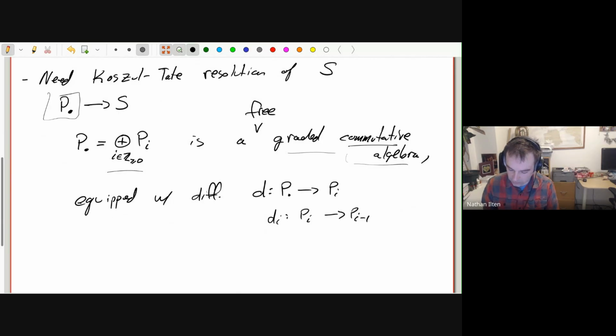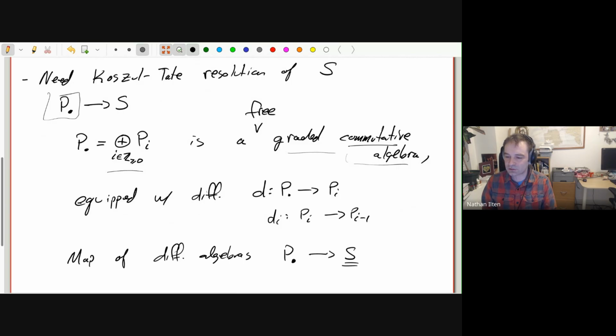So a Koszul-Tate resolution of S is one of these three graded commutative algebras equipped with a differential, together with a map of differential algebras from P dot to S. So I can view S as a differential graded algebra with everything just concentrated in degree 0.